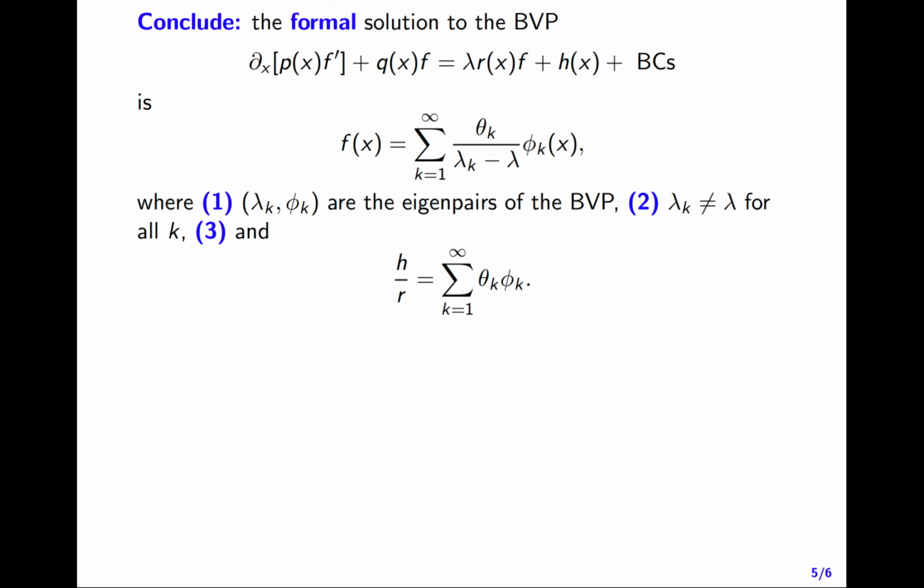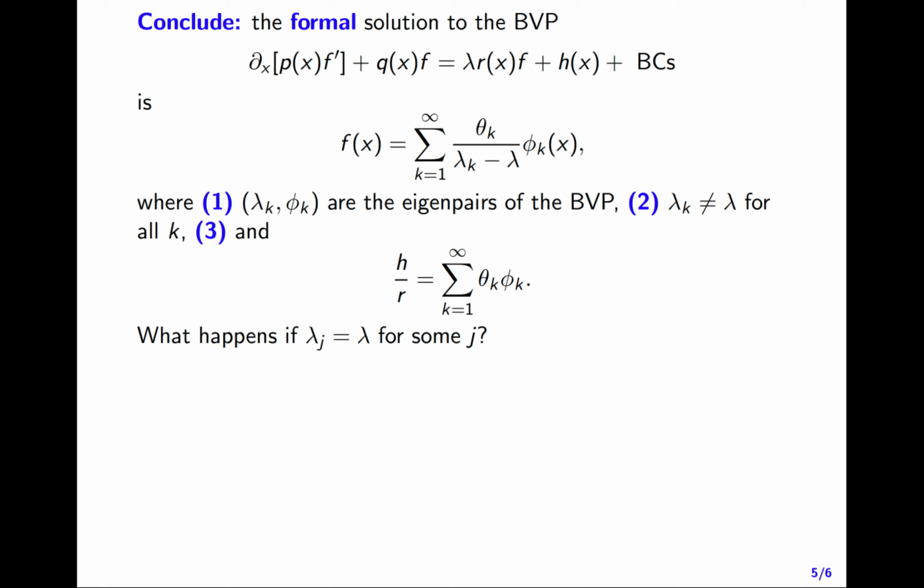So if you have all this, then at least formally, the solution to the boundary value problem is given by this very particular eigenseries. And then you would have to do some more math to check and make sure the solution converges and that it's actually differentiable. Or you could use this series to approximate the solution to f and truncate the series not at full infinity, but at some finite upper index.